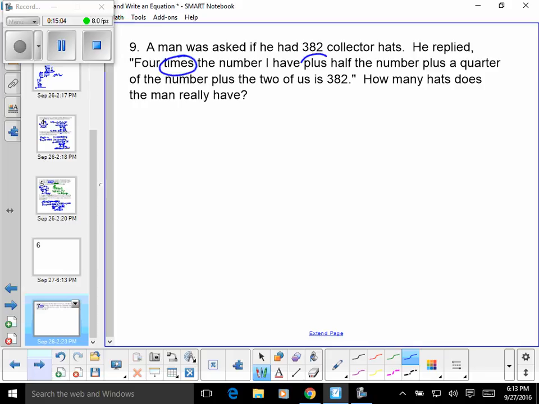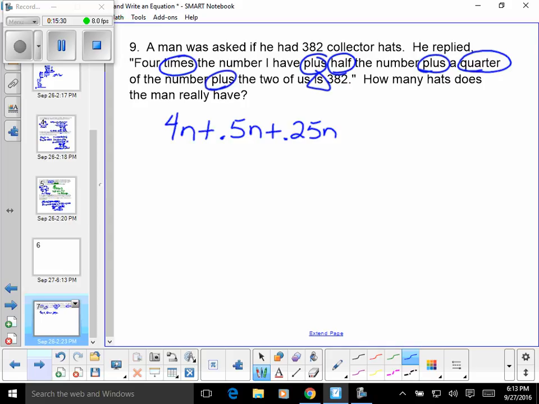Times, plus, half, plus, a quarter, plus, here's my equal sign. Take it right down the road. 4 times the number, plus half the number, plus a quarter of the number, plus the 2 of us is 382.